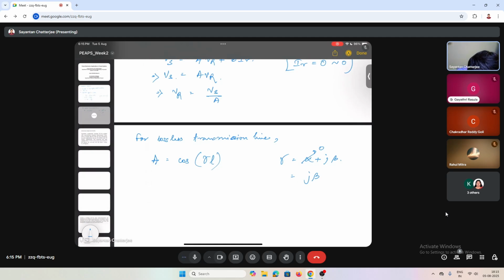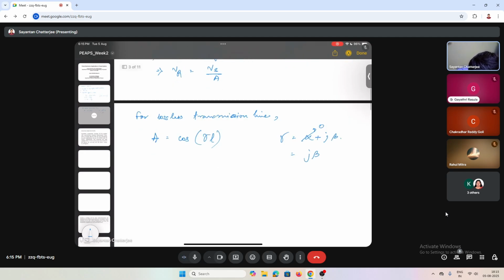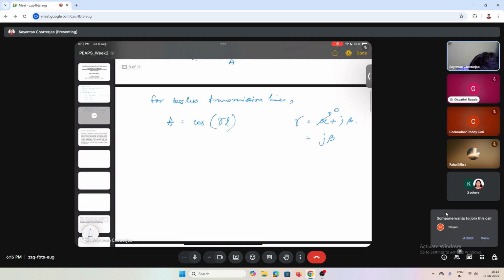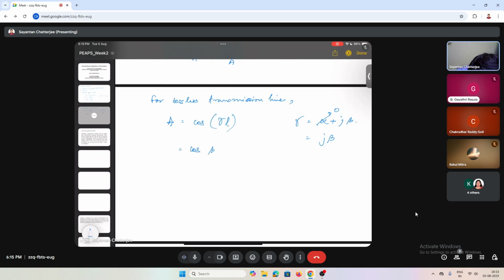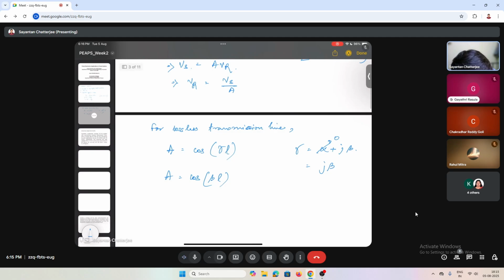So if we just place A, now A becomes cos beta L. So this is A, and let's say this is equation 1 and this is equation 2.